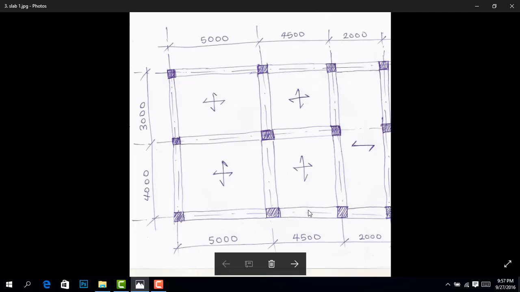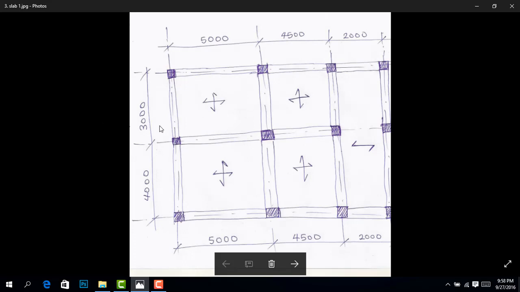But for your two-way slab, how do you determine it? Now we have 5 divided by 4, which gives 1.25.